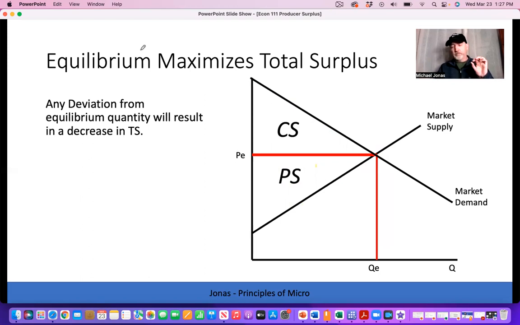The much more succinct way to say that is simply: equilibrium maximizes total surplus. And the flip side of that is any deviation from equilibrium is going to give us, by geometric definition, a smaller area between the demand curve and the supply curve.